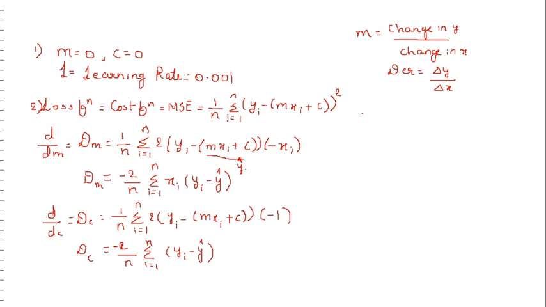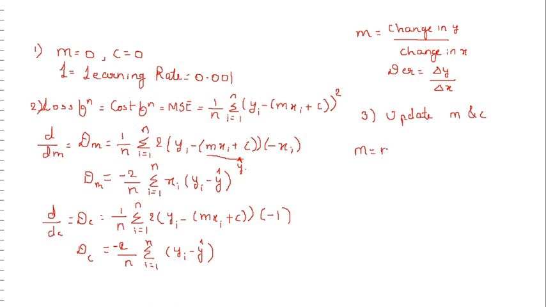Now what we need to do in our step 3? After computing derivatives, we need to modify, alter, update our values. Which values do we need to update? Of course, m as well as c. So let us see how to update.